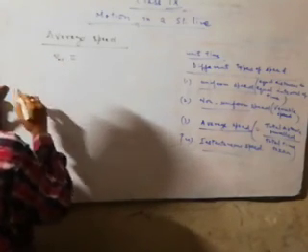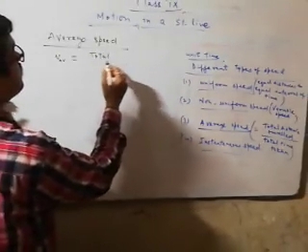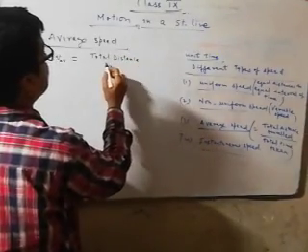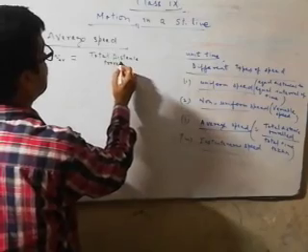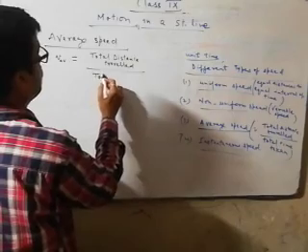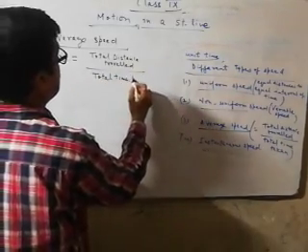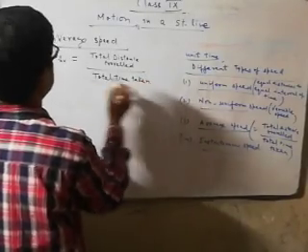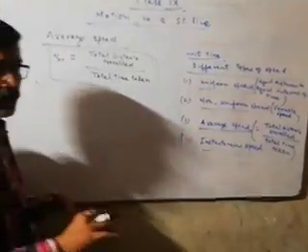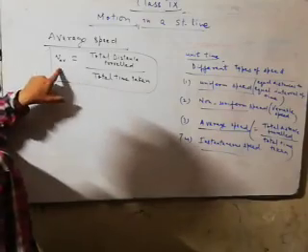It could be written like this: total distance traveled by total time taken. So this formula you should keep in mind always. Total distance traveled by total time is the average speed.